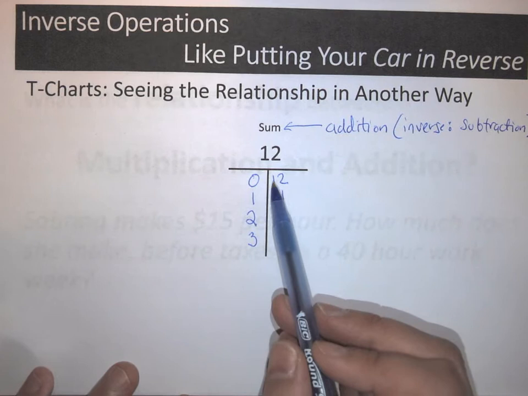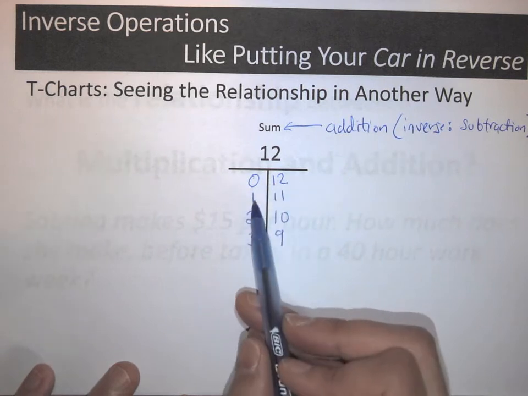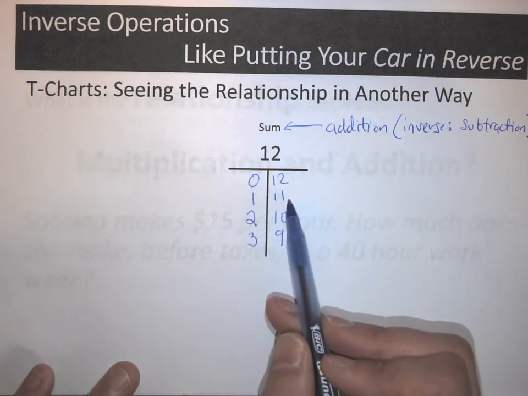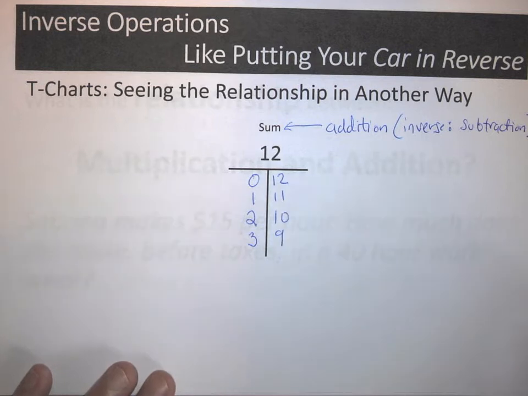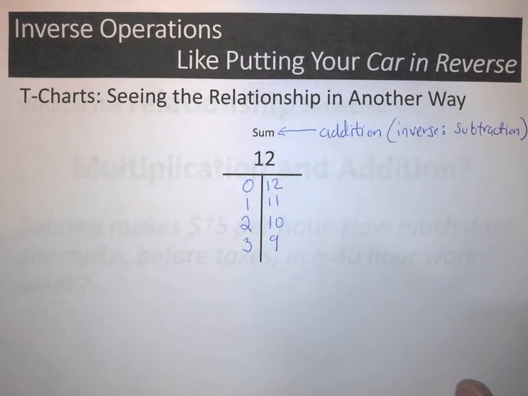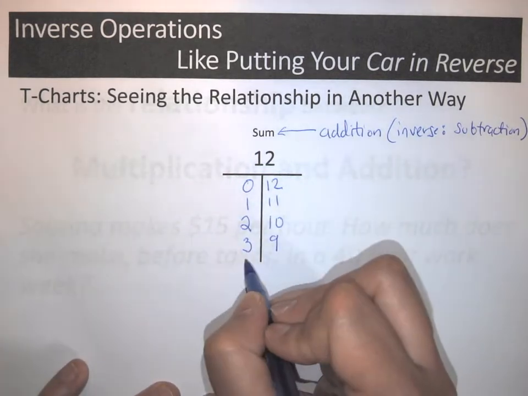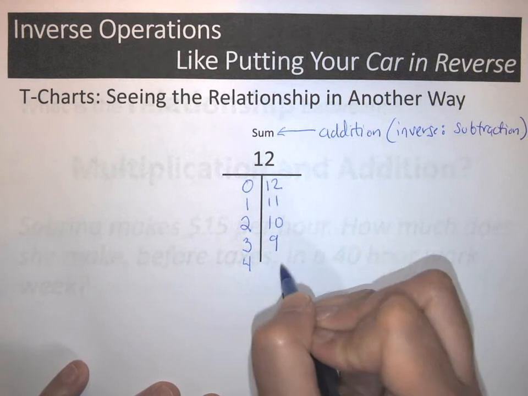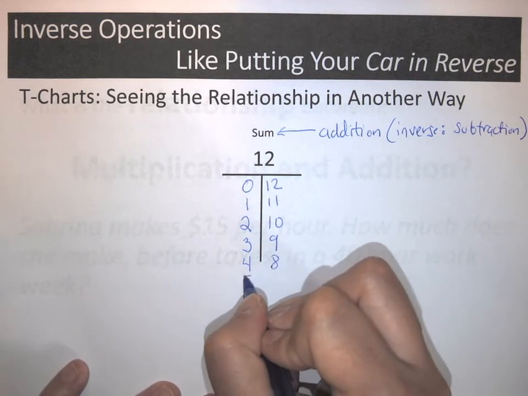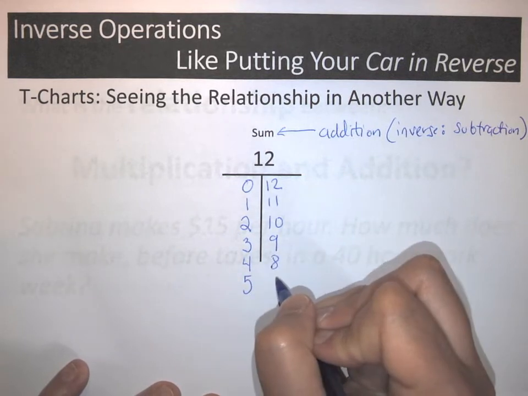And of course, you'll note that as I add one more over here, I'm losing one more over here. And there are actually some really interesting math properties that are concerned with the fact that as I add 1 here, I'm losing 1 here. So then we would have 4 and 8 and 5 and 7.